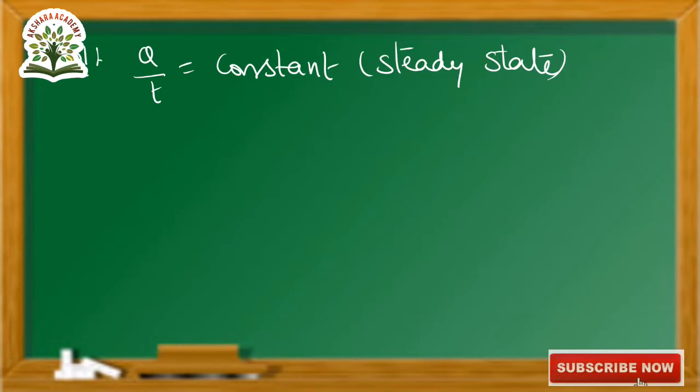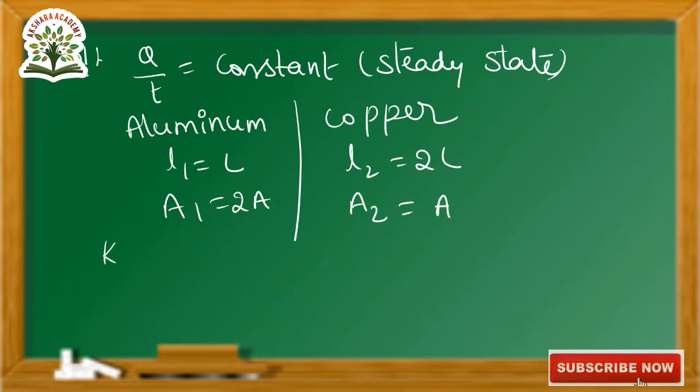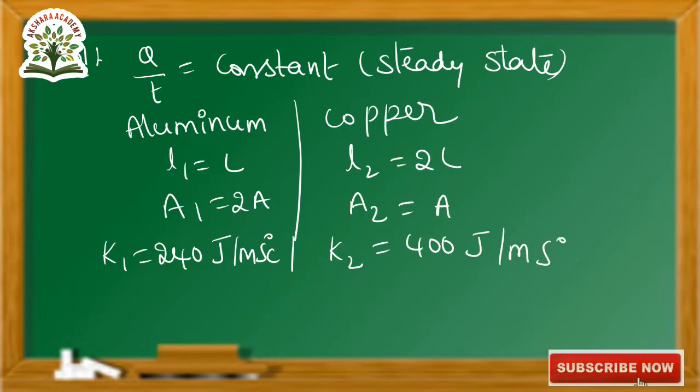Now we are writing separate aluminium and this is copper. Here L1 is equals to L and L2 is equals to 2L, A1 is equals to 2A and A2 is equals to A. Here K1 is equals to 240 joule per meter second degree centigrade and K2 is equals to 400 joules per meter second degree centigrade.